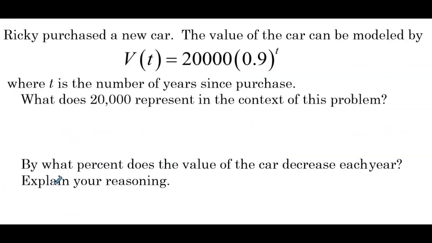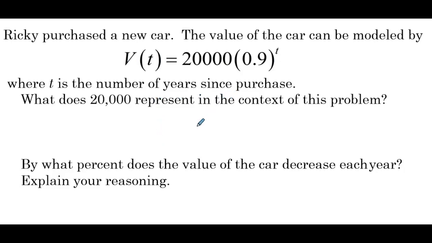Next question. Ricky purchased a new car. The value of the car can be modeled by V of t equals 20,000 times 0.9 to the t, where t is the number of years since purchase. What does 20,000 represent in the context of this problem? So again, 20,000 is the coefficient, so that's the y-intercept. Right? It's the value we would get from this function if we plug 0 in for t.